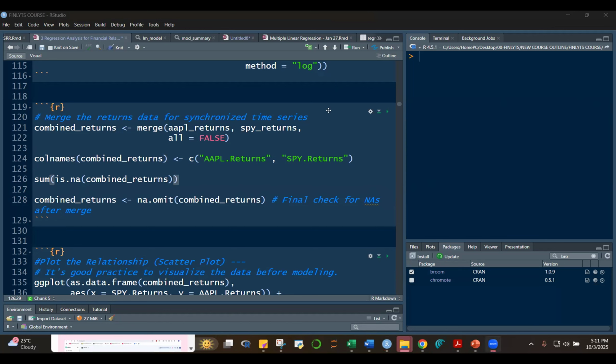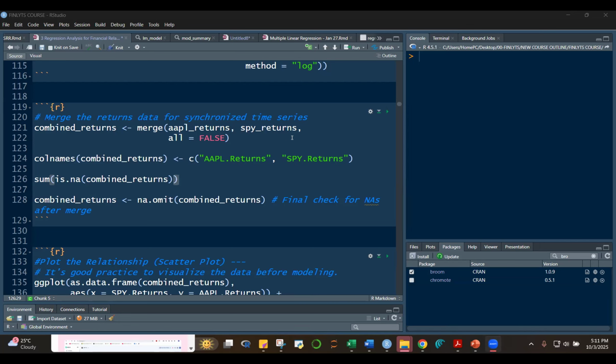Yes, Kyle, my question. Sir, should we run it po? Yes, iran nyo na siya, ha? Thank you, Kyle. Yeah, please run your codes already. So you should be able to generate this data, combined returns. And then if you run this one, the column names, dapat magbabago yung column names ng combined returns natin.